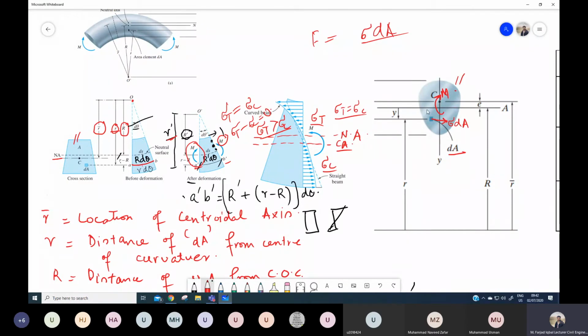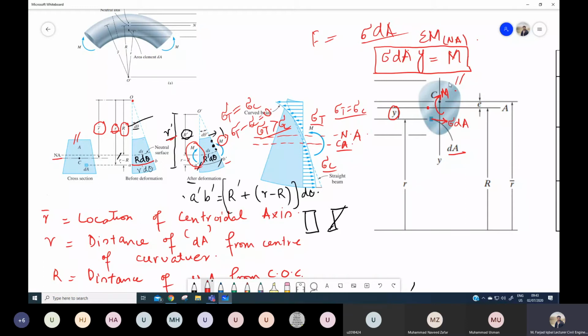If I want to calculate how much resultant force is acting about this neutral axis, the equation will be sigma into dA multiplied by the lever arm, which is represented by this y distance. I am basically taking the moment about the neutral axis, so the moment acting about the neutral axis is this M, right?